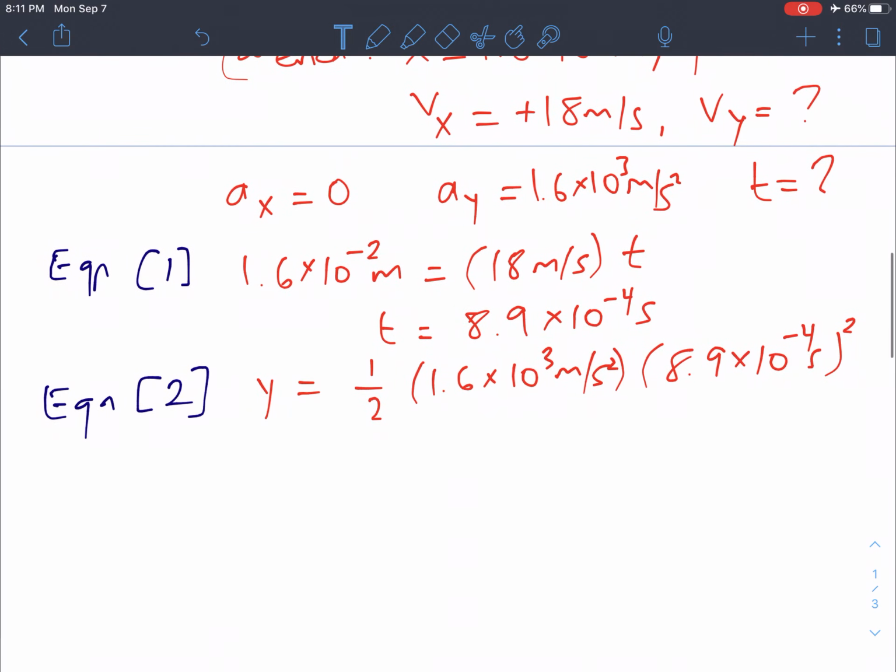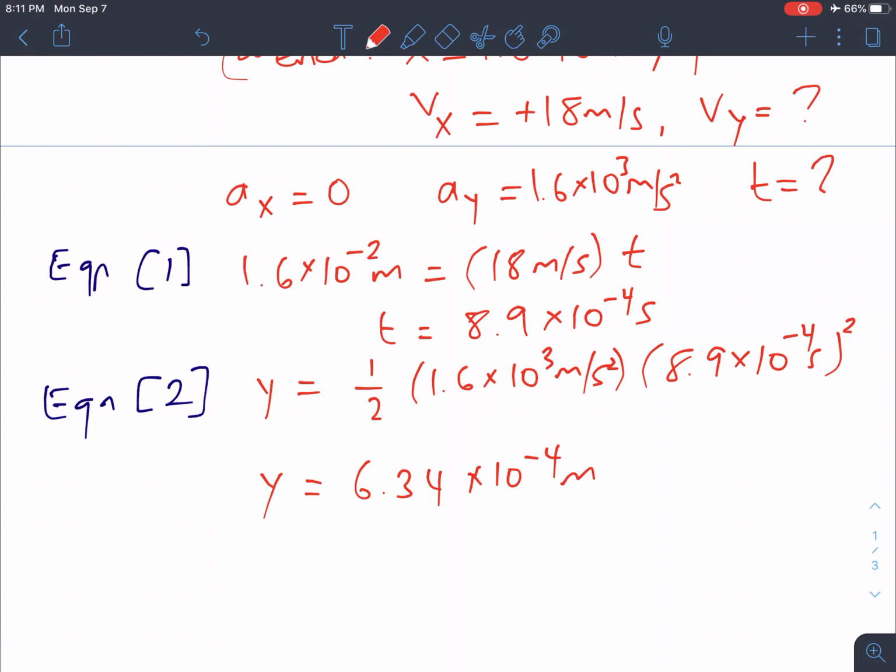When you put these together and check the units, we get meters. We should get the value to be 6.34 times 10 to the negative 4 meters.